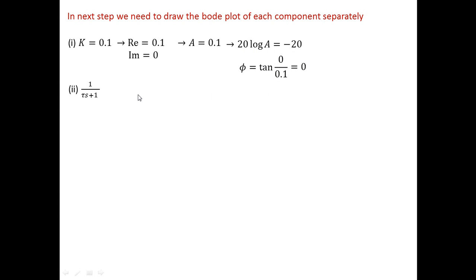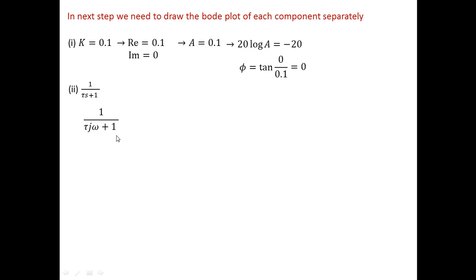So for the second one, let me give you instructions on how to draw a Bode plot for a general simple pole. Assume I have a general form of the transfer function of 1 over tau s plus 1. In this case, first I need to substitute s equal to j omega. By substituting s equal to j omega, I have this ratio. The second step is to find the real and imaginary part.